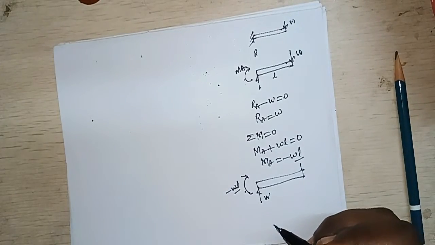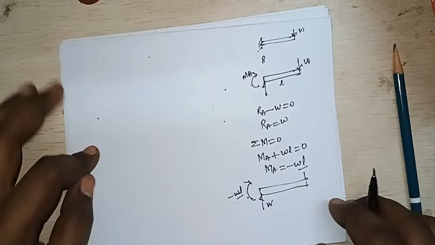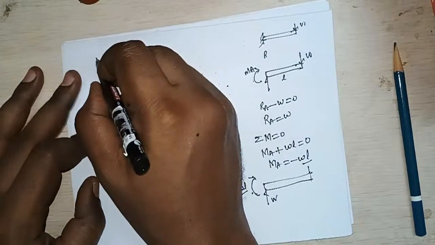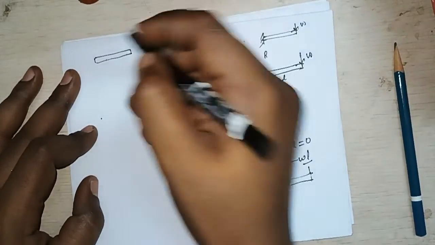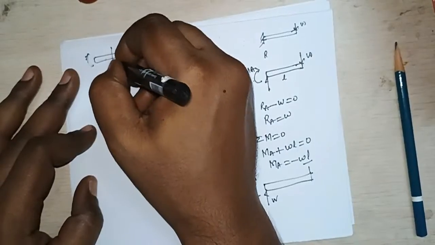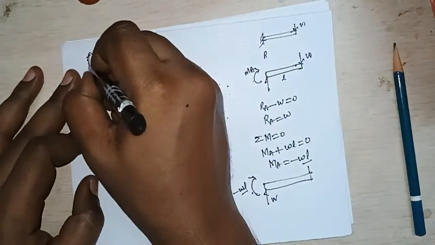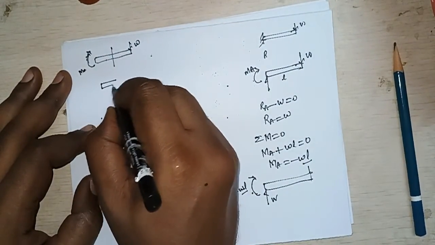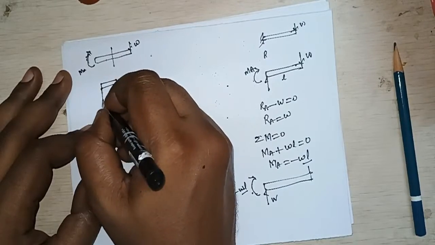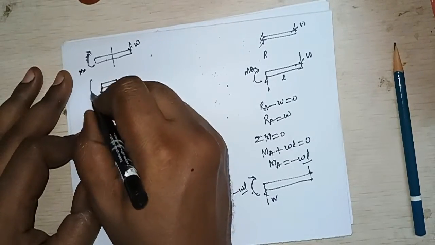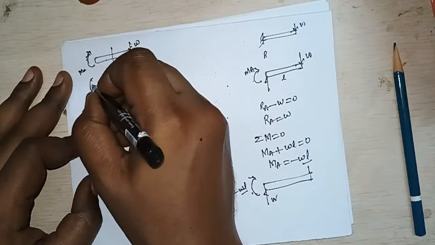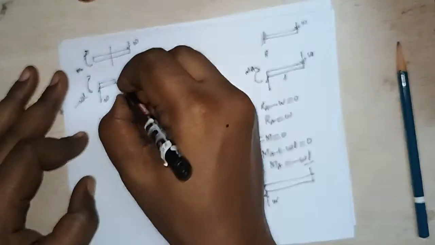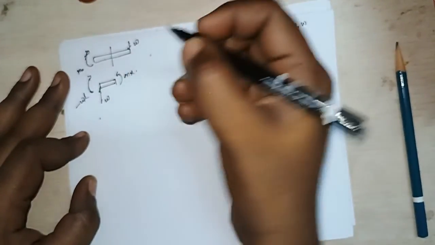Okay, now how will you write the deflection equation for this? Just simply come over here and take a section of this beam, W, Mx. Now after sectioning this beam, what are the reactions over here? This is W and this is minus W into L. And this is Mx.